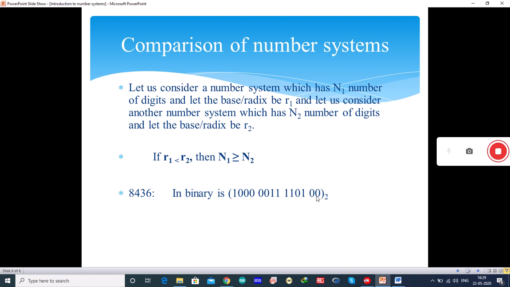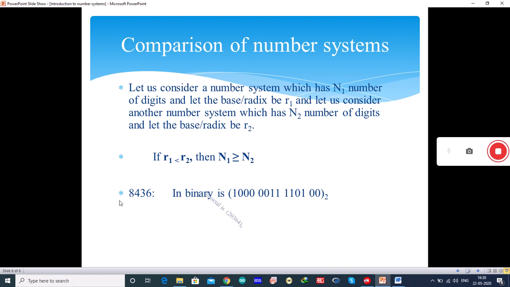As the base decreases, the number of digits required to represent the quantity increases. Here you have 4, and here a total of 14 digits will be required.